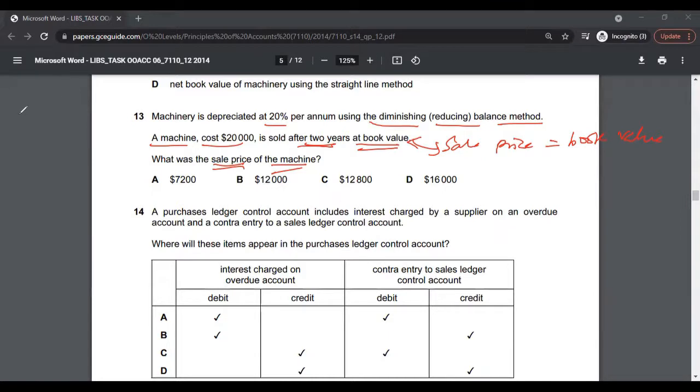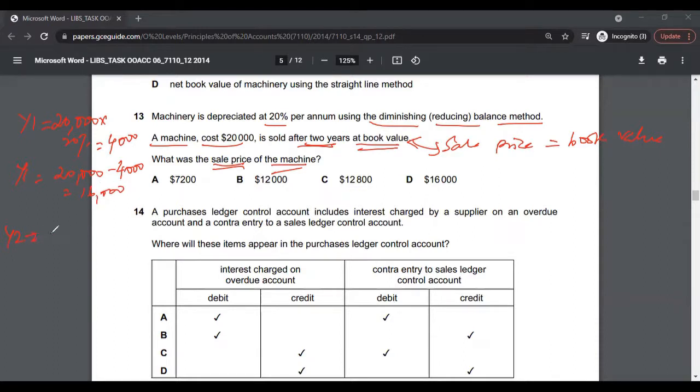So how do you calculate net book value? You take the year 1 depreciation. 20,000 times 20% is 4,000. So year one, the net book value would be 20,000 minus 4,000 equals 16,000. That would be the net book value at year end one.